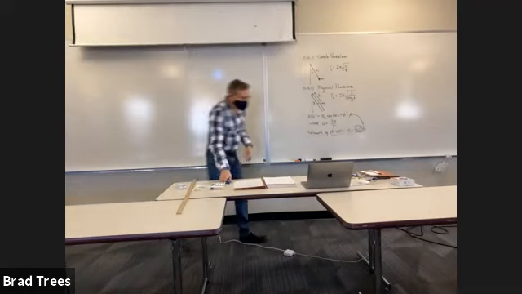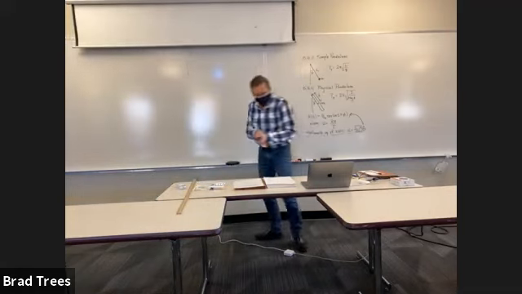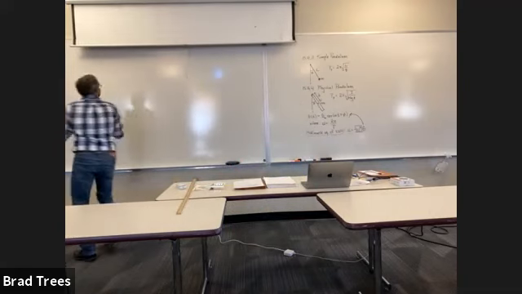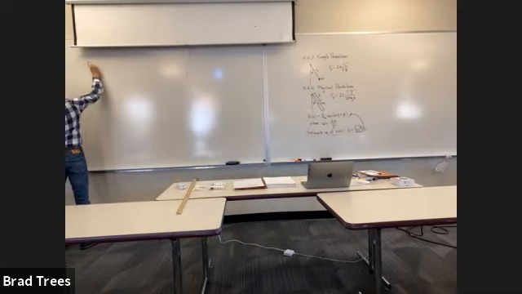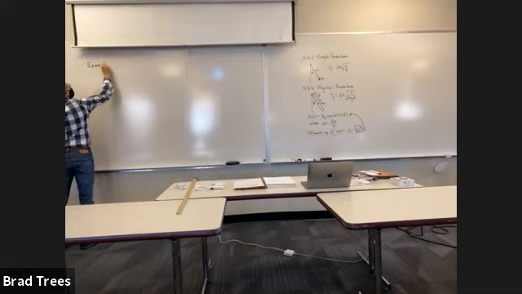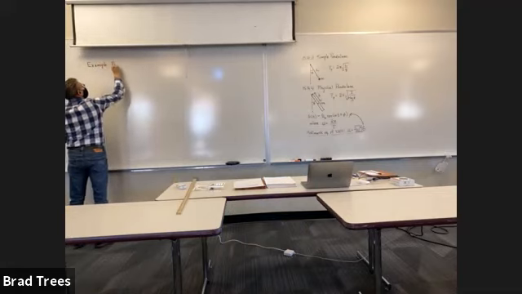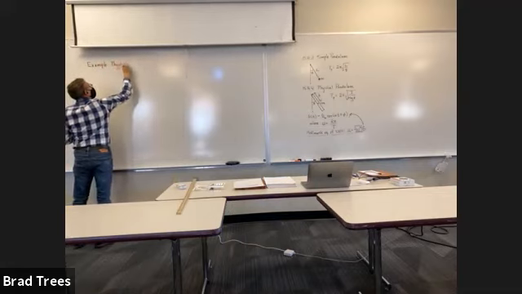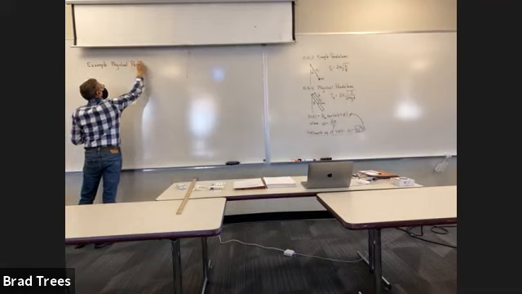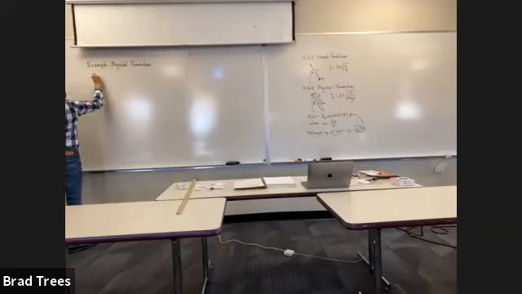Okay, let me get my pens here. I have what I need. So here's our first example of a physical pendulum. And the picture is, as I showed you, there's the vertical.